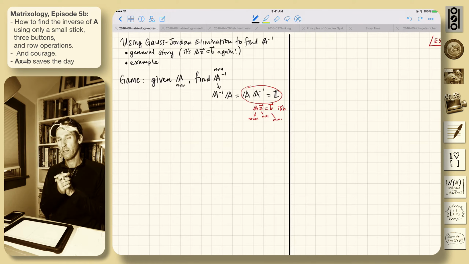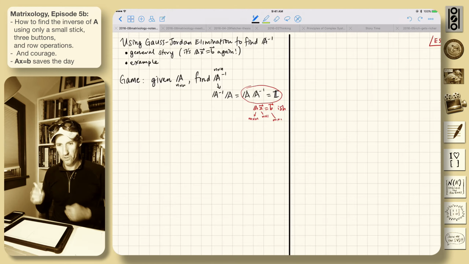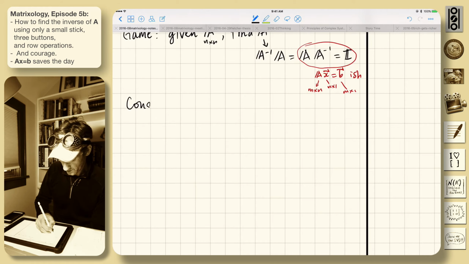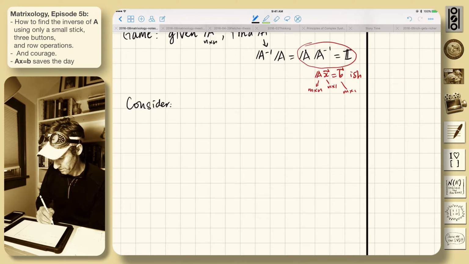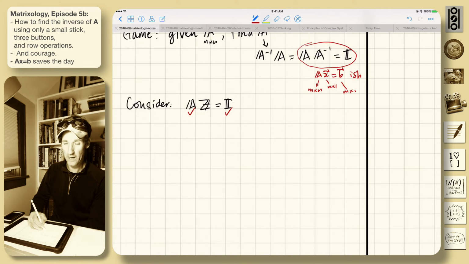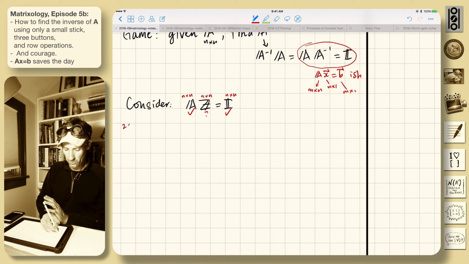So let's set up a generic 2 by 2. Consider A times Z equals I. We know the identity matrix, we know A, someone hands you A, and we want to find Z. Again, these are all n by n, but let's take a 2 by 2 general example.